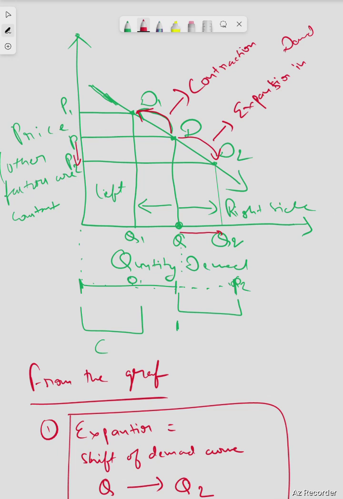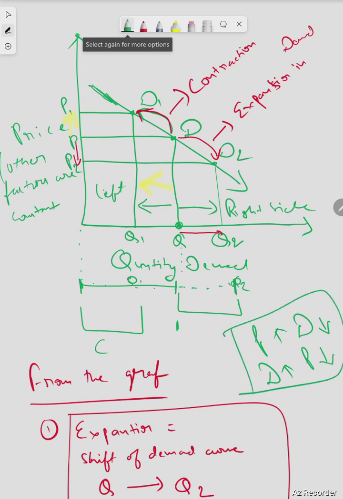On the other hand, when demand reduces from here to here as price increases from here to here, it is called contraction. So when price increases, demand reduces. When demand increases, price reduces. The price effect of demand actually describes the contraction and expansion of demand.